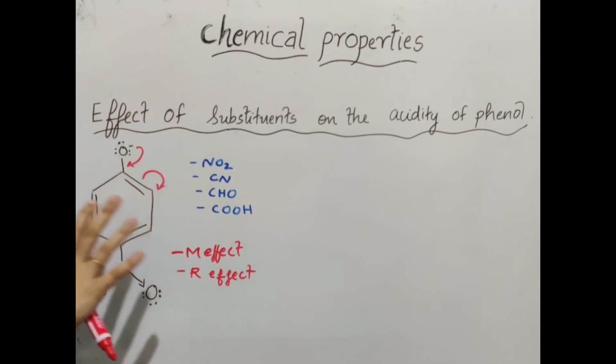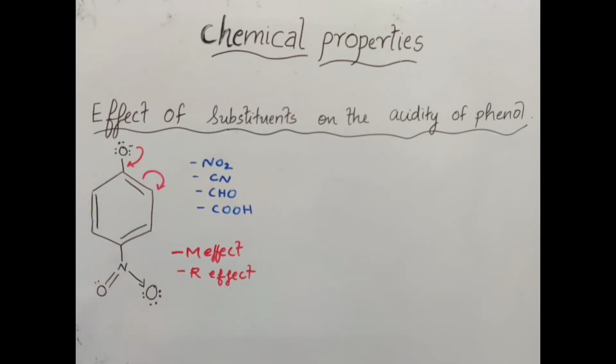Hence we can conclude that when an electron withdrawing group is present as a substituent at any position of the benzene ring, it will always try to decrease the electron density on the benzene ring, and it increases the acidity of the phenol.